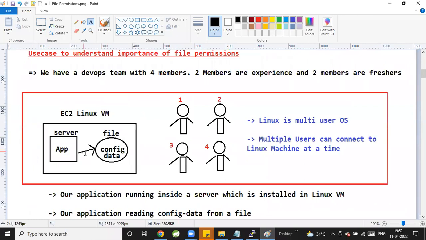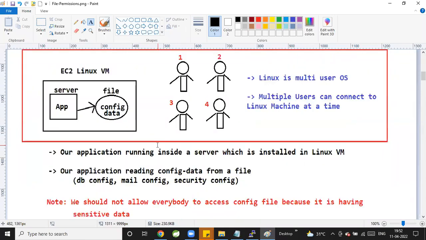There is a configuration file on the machine. For 2 people, I want to give only read access, and for 2 people, read and write access, because freshers and experienced people are there. For freshers, only read access; for experienced people, read and write access.